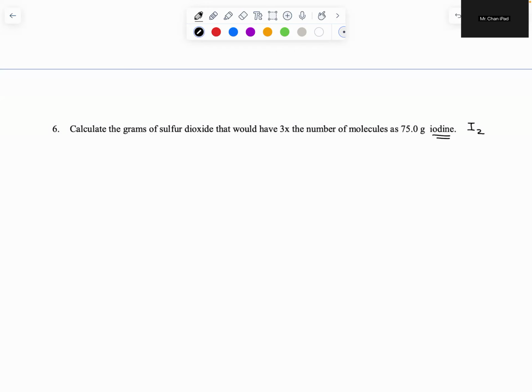And a couple more things that would scare people away, like sulfur dioxide, the grams, and then you have three times the number. So before we start, we have to understand the logic. And to start, do you understand molar mass? Because if you understand molar mass, the moment you see 75 grams of iodine, you would look up the periodic table and say, hey, what's the molar mass of I2?